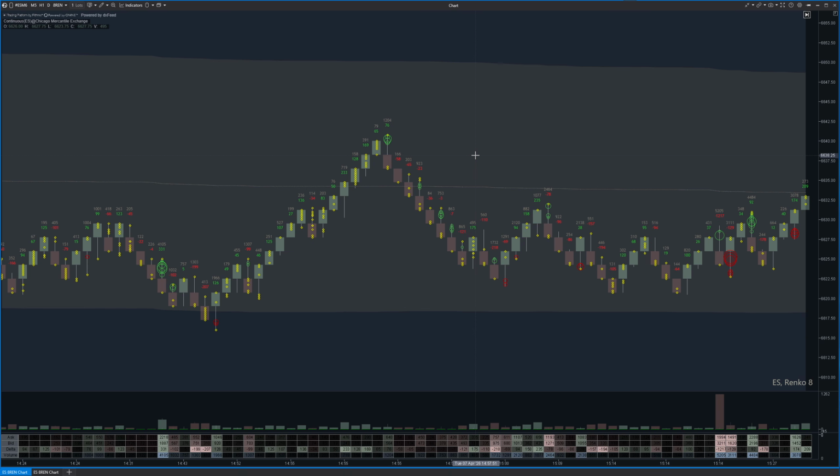Same for footprints. I recommend using footprints at MNQ, but it's the only instrument. Otherwise, I highly encourage you to use order flow at ES, NQ, GC, CL, YM, RTY, and so on and so on.